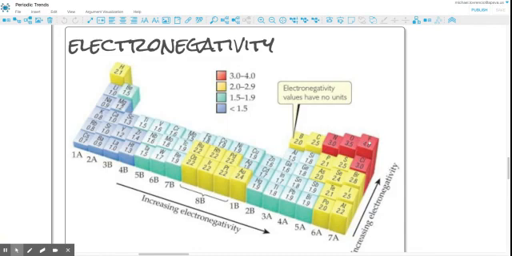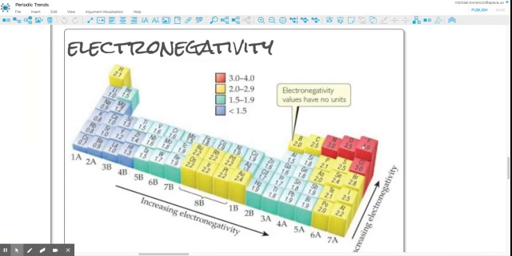Something like fluorine only has 9 protons, but given its number of electrons, its nucleus is small but powerful. And so it has a very high electronegativity because it has enough protons to hold on to all of its electrons very tightly.